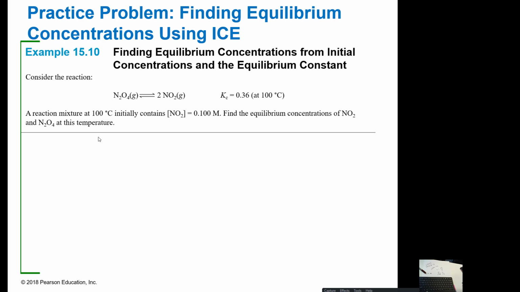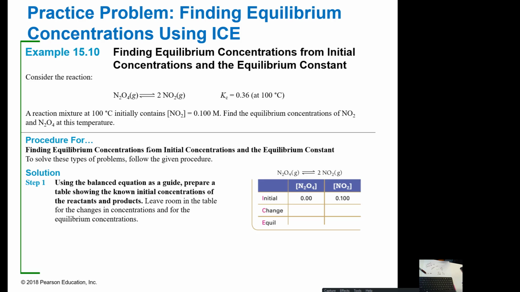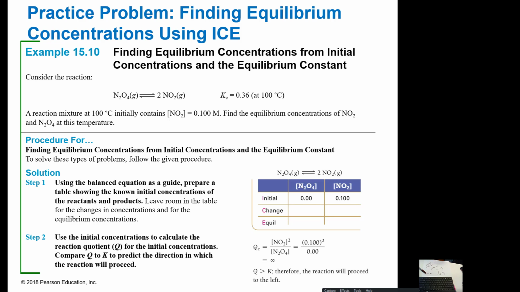So let's look at this reaction. Finding the equilibrium concentration from initial. So this is a reaction, N2O4 to NO2, Kc is given, a reaction mixture at 100 Celsius initially contains NO2, find the equilibrium concentration of NO2. Okay, so now you write, initially 1 of NO2, and then change is... so here is a reaction.